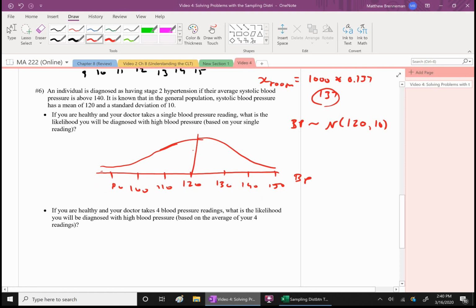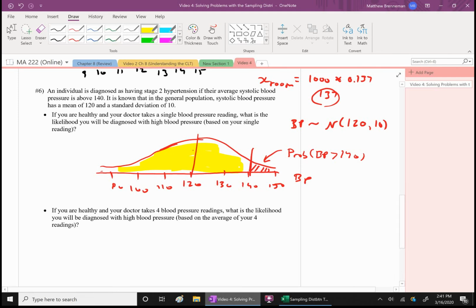So a person is diagnosed as having high blood pressure when their blood pressure is 140. So the probability that they're going to have a blood pressure higher than 140 is the area in this upper tail. And of course we can figure that out using a straightforward normal distribution calculator. Now we know that norm.dist, which is what we're going to use, is going to give us the area in the lower tail. So I'm going to have to subtract it from 1 to get the area in the upper tail.